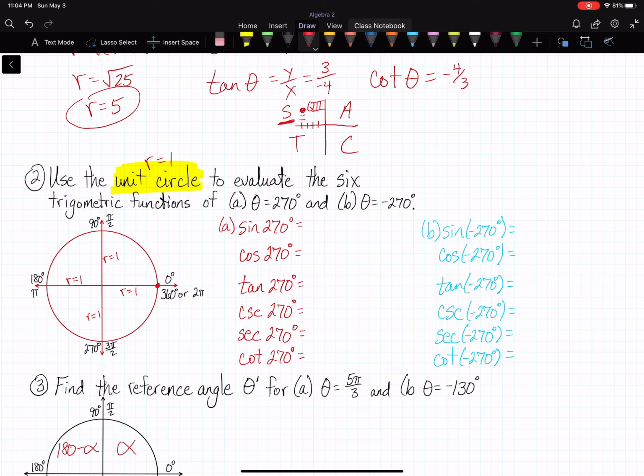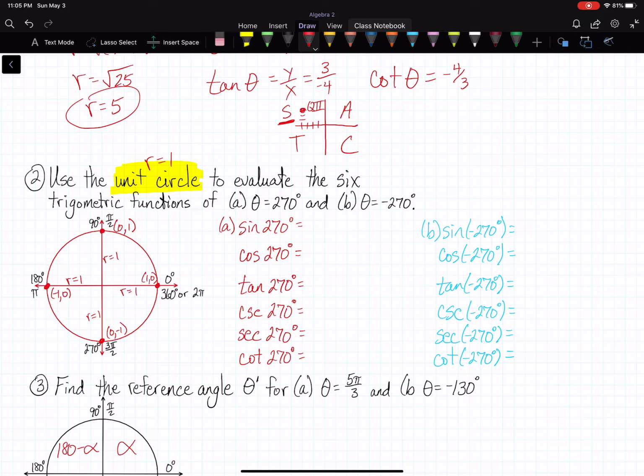That tells us that this point right here is 1, 0. This point right here is 0, 1. This point is -1, 0. And this point is 0, -1. So all the way around.